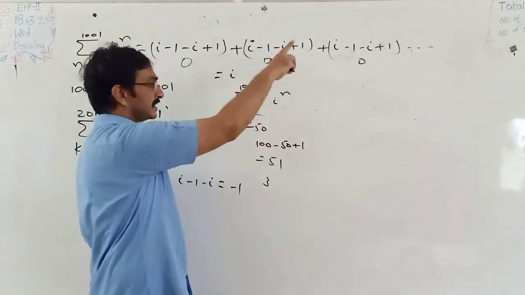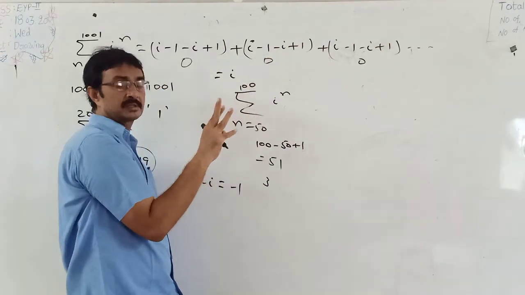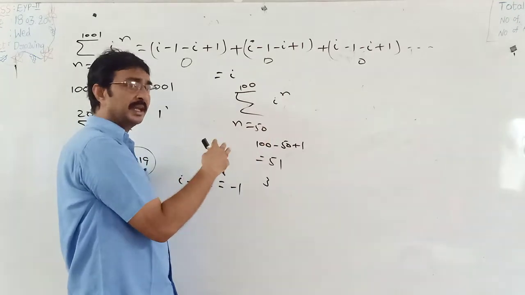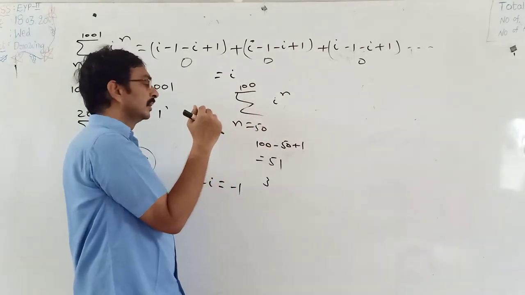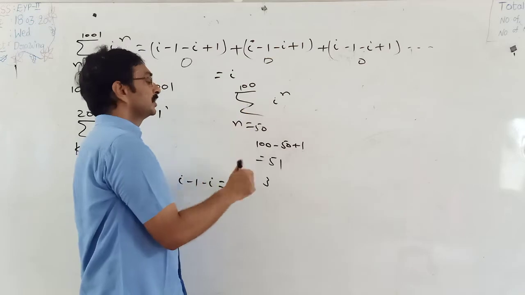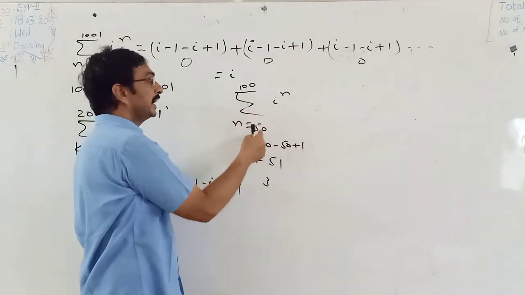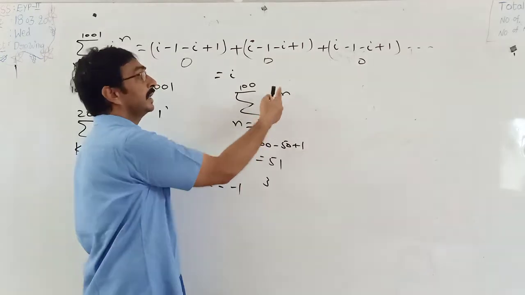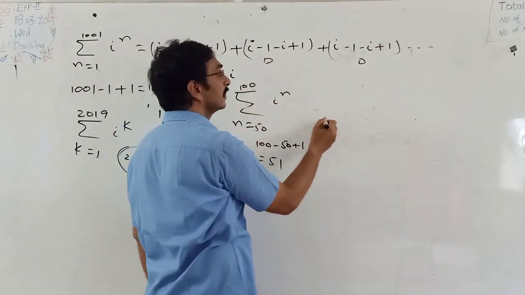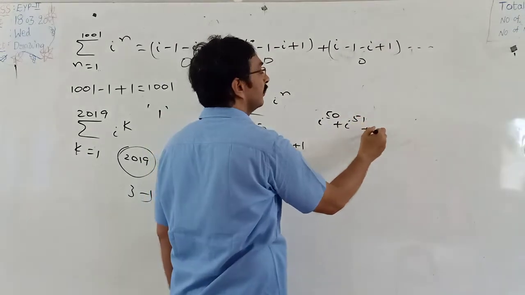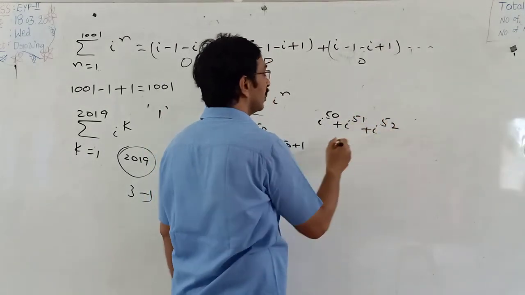Therefore, after cancellation there exist 3 terms, and we can take the first 3 or last 3. I am taking the first 3: n equal to 50, 51, 52. So the required answer is i power 50 plus i power 51 plus i power 52.